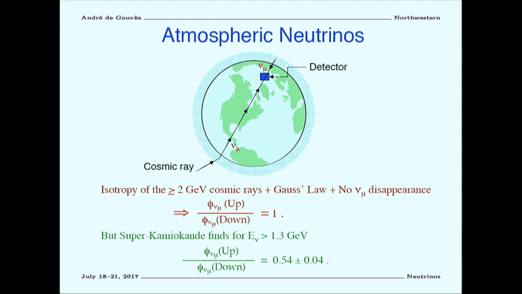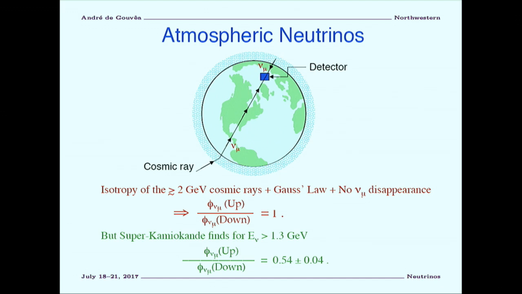So you look at the neutrinos coming from above, and you look at the neutrinos coming from below. You can convince yourself very quickly, using the fact that we live in 3 dimensions, that the number of neutrinos that come from below in the same solid angle is the same as the number of neutrinos that you should get from above.